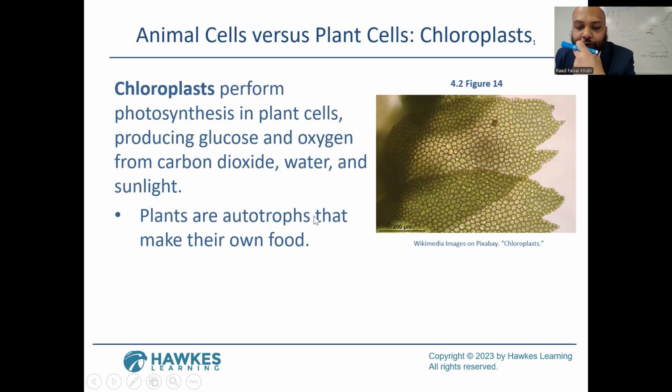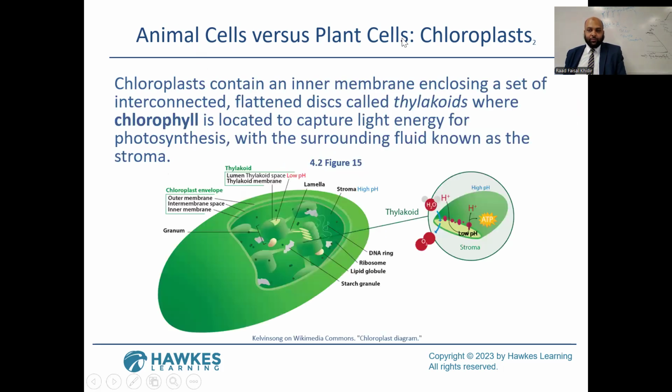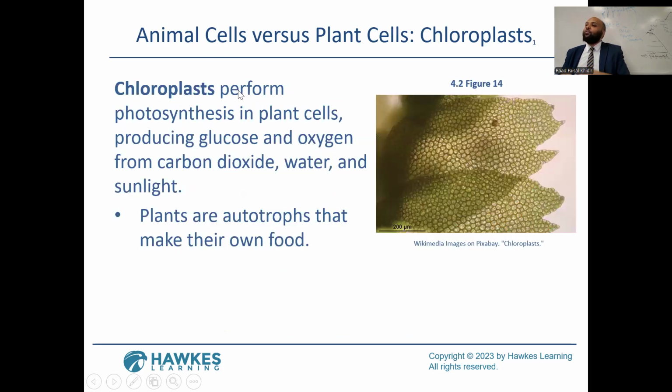Plants are autotrophs that make their own food. So autotroph: auto means you originate, you make yourself, you execute on your own. Troph means food making.